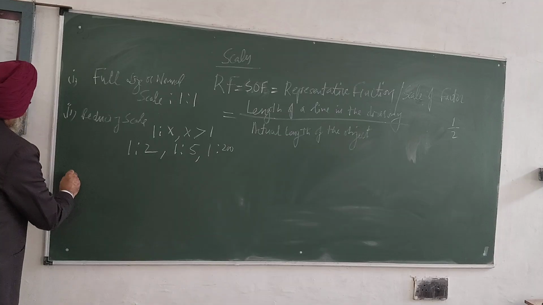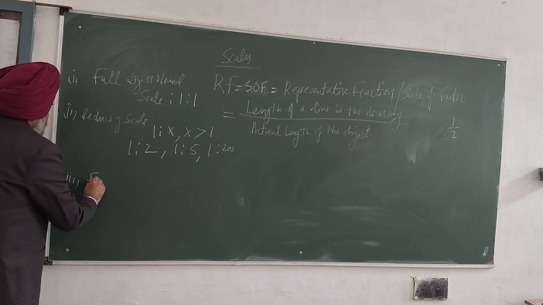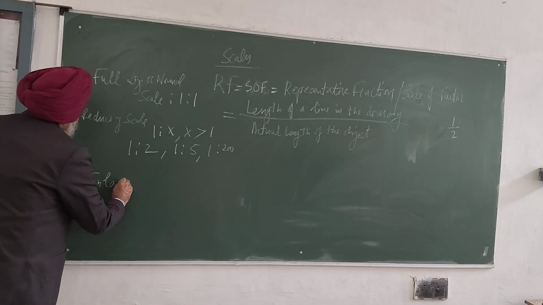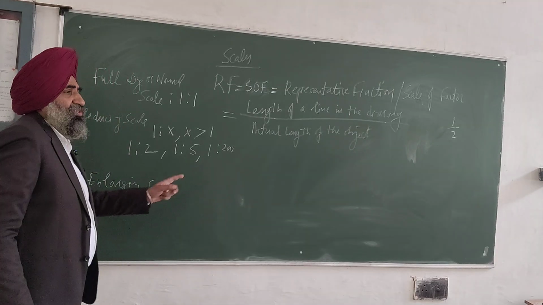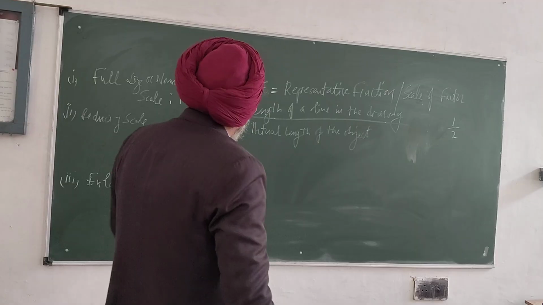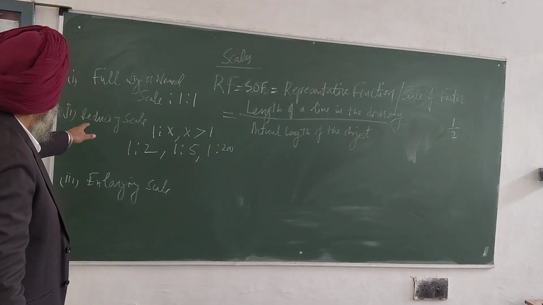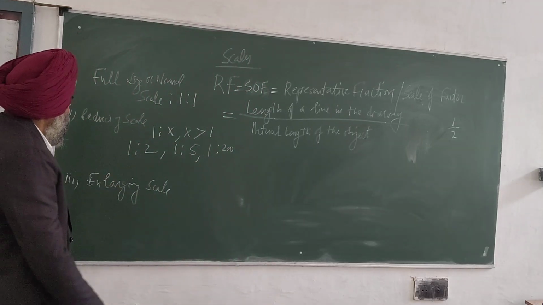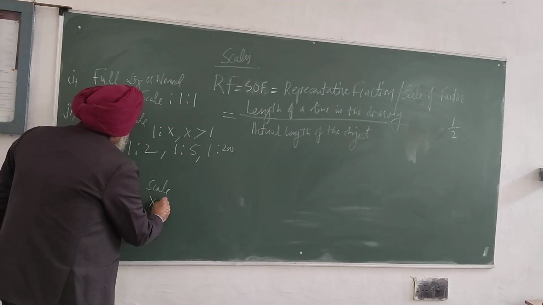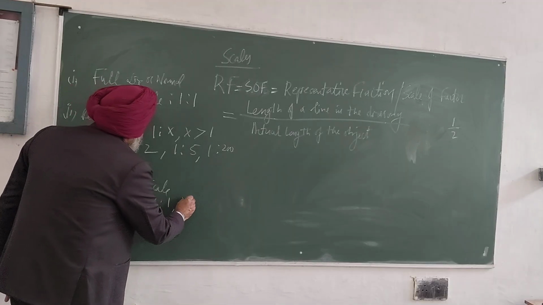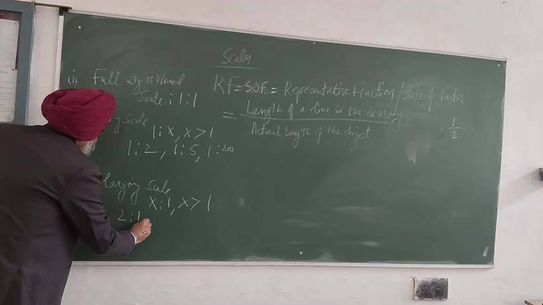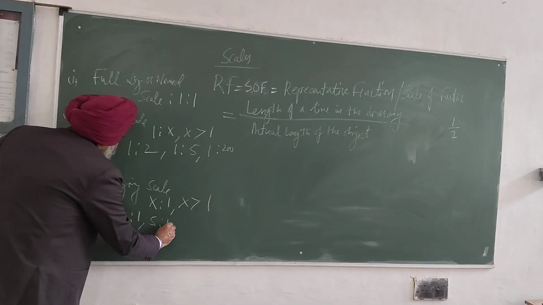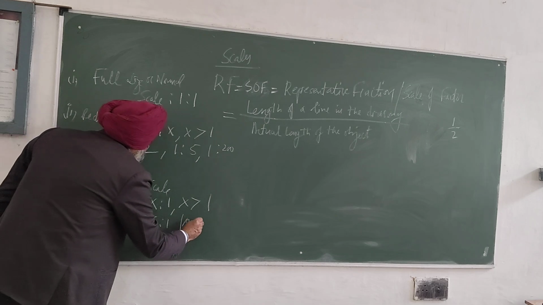The third category is called the enlarging scale. RF is the deciding factor whether your scale is full size or normal scale, reducing scale or enlarging scale. I put it like this, x:1, where x is greater than 1, such as 2:1, 5:1, 100:1.